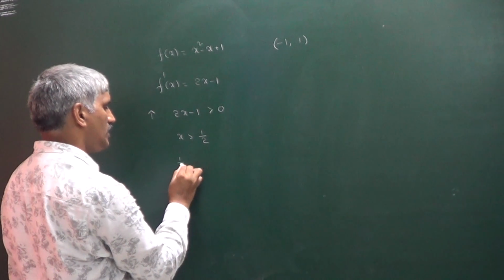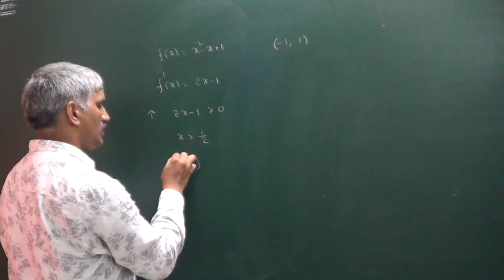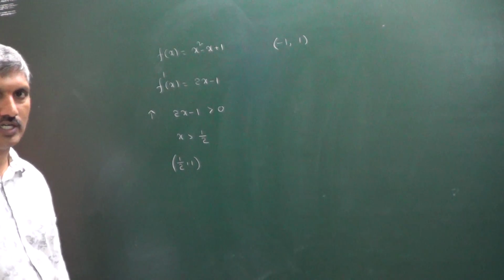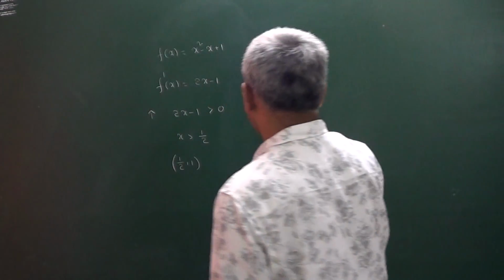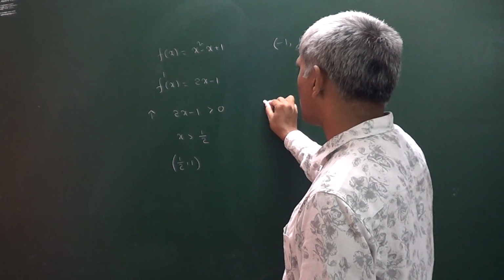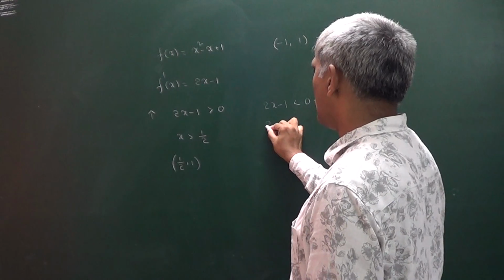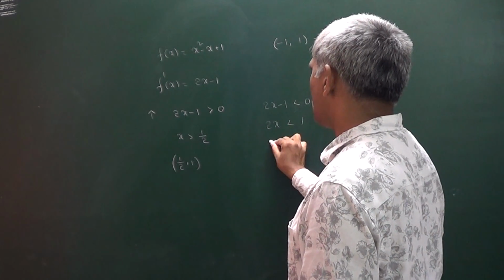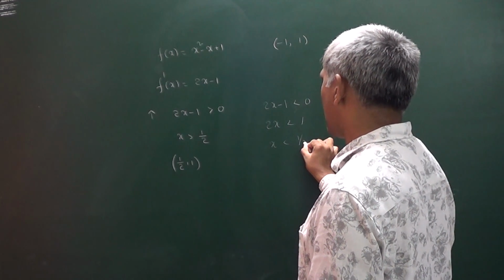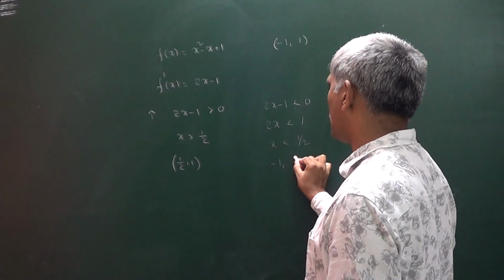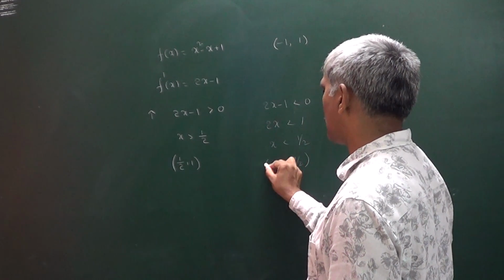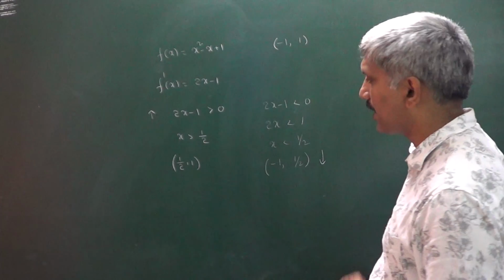So what we can say, from 1 by 2 to 1, the function is an increasing function. Next, for the function to be strictly decreasing, f dash of x less than 0, 2x minus 1 less than 0, therefore 2x less than 1, so we are getting x less than 1 by 2. That means from minus 1 to 1 by 2, in this interval the function is strictly decreasing.